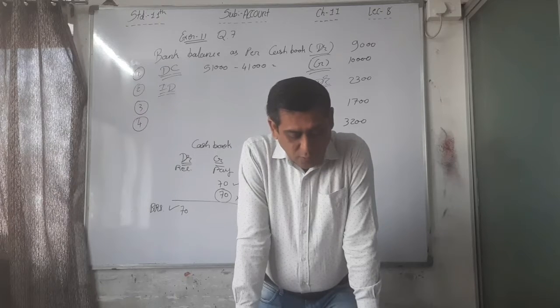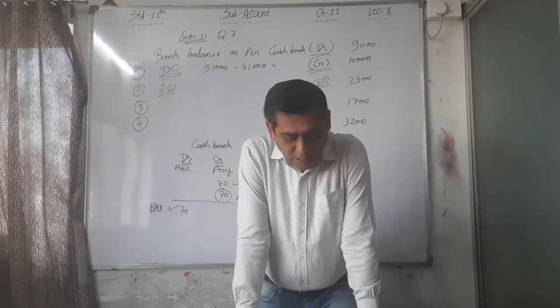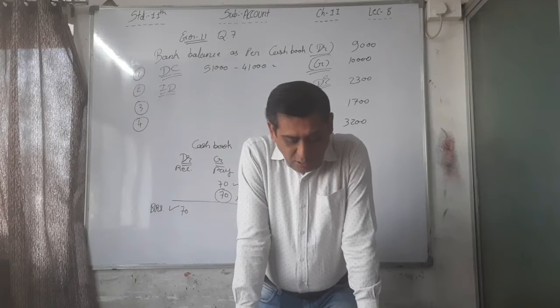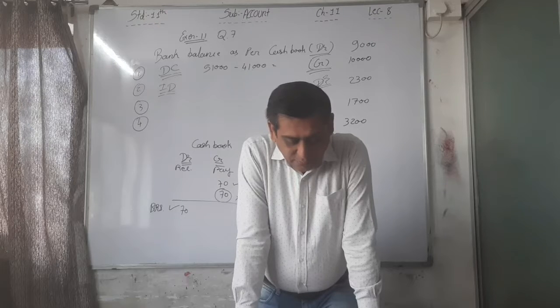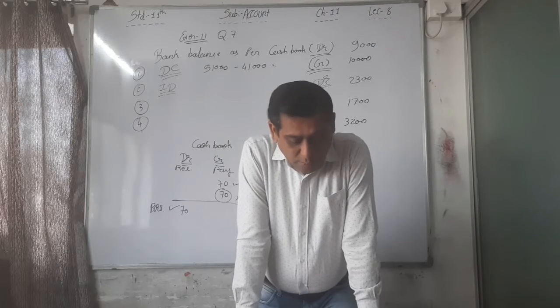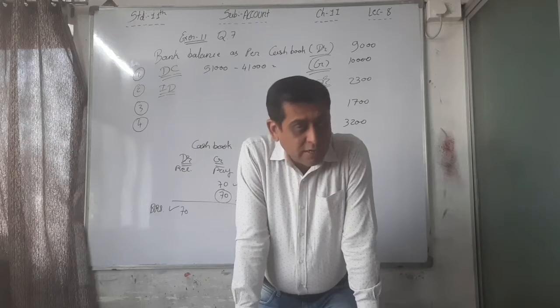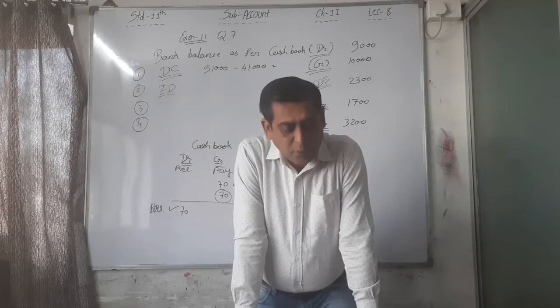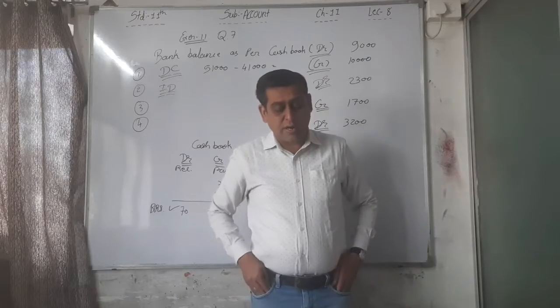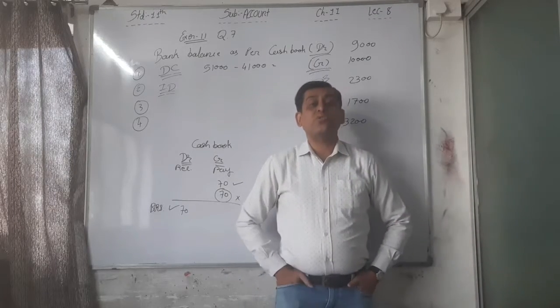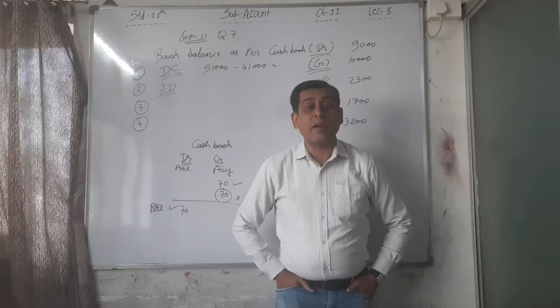8th point, a check of rupees 1320 was deposited into the bank, but it is not recorded in the cash book. This check is not collected by bank till 31st October. What is that? Check deposited into the bank, not recorded in cash book, as well as up to the 31st October, the bank has also not collected this check. That means not recorded at all.